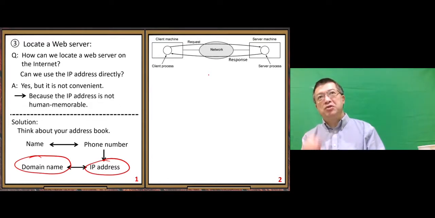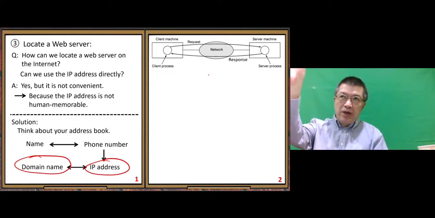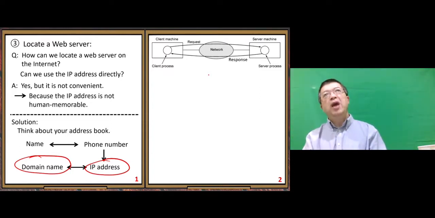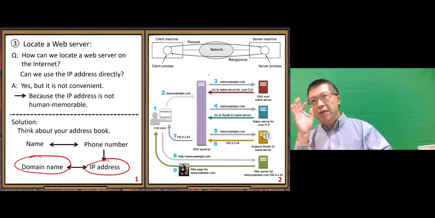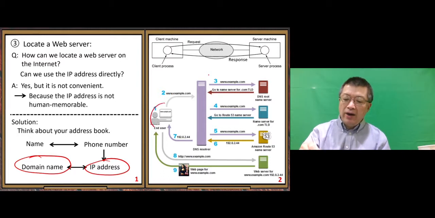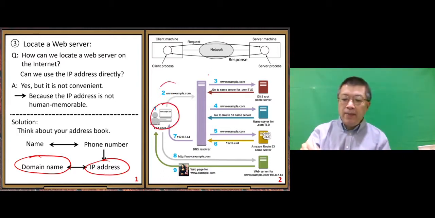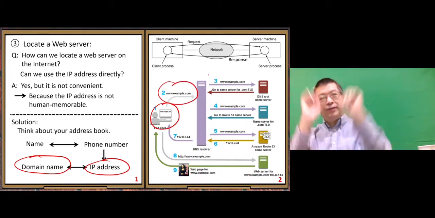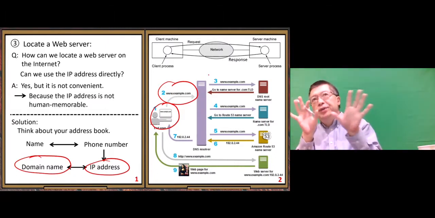Then there is a special service for that. That problem can be solved with a special service: the domain name service. Let me explain it. Here you can see we are the end user. We want to send a domain name to the server. To get the problem solved, the whole thing is divided into two parts.